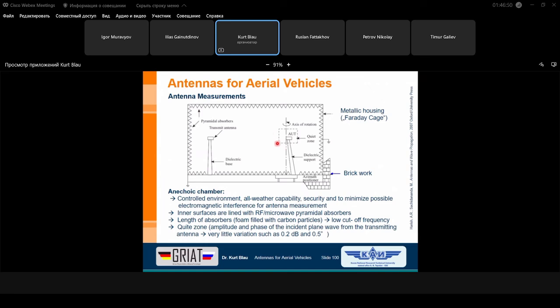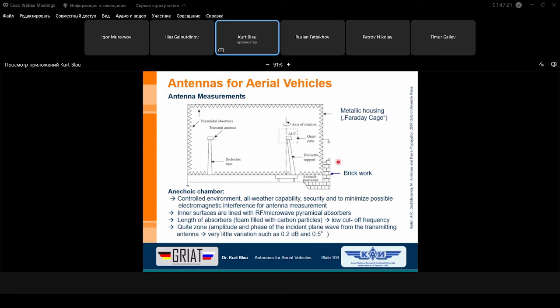Here it's clear this is the elevation plane. Sorry, this is the azimuth plane in this direction, and if the antenna is going up and down, it's the elevation plane. And here you can see pyramidal absorbers and the transmit antenna. Also the mast here is a dielectric material in both cases.